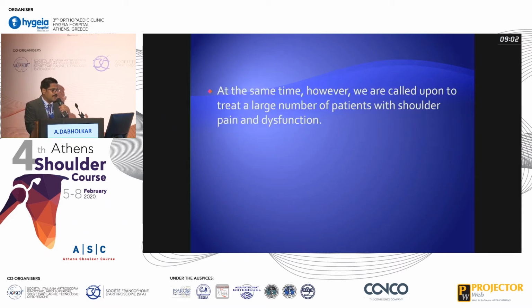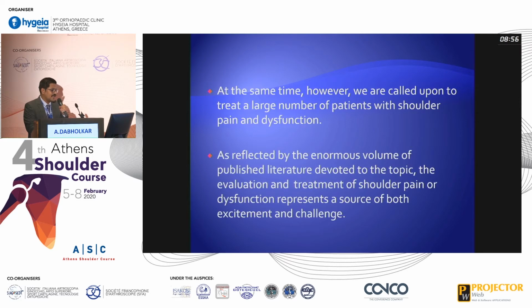At the same time, however, we are called upon to treat a larger number of patients with shoulder pain and dysfunction. As reflected by the enormous volume of published literature devoted to the topic, the evaluation and treatment of shoulder pain or dysfunction represents both a source of excitement and a challenge.